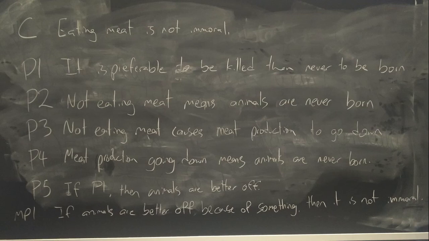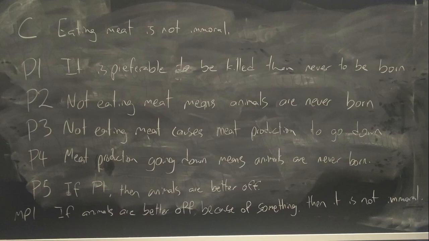How do we connect that to the conclusion? So we're kind of working backwards now. Yeah. Not eating meat means that animals are not killed, but it also means that they're never born. Good. So, can we simplify that in any way?